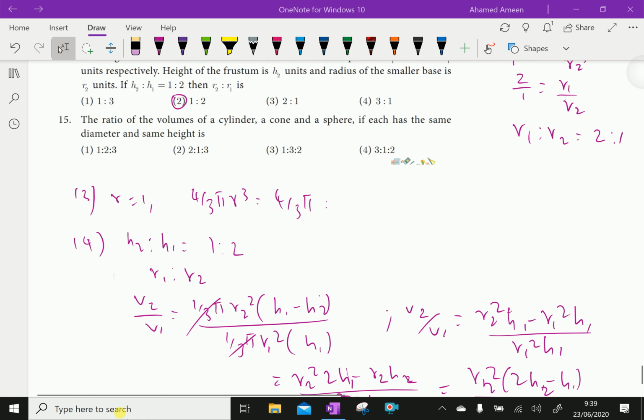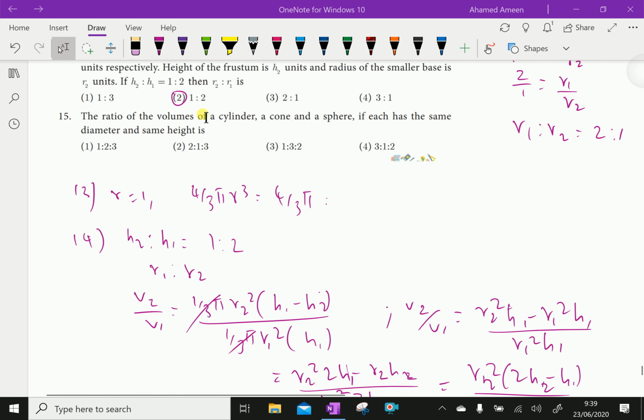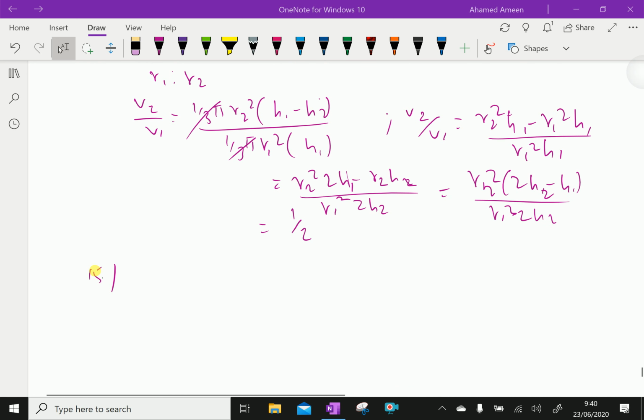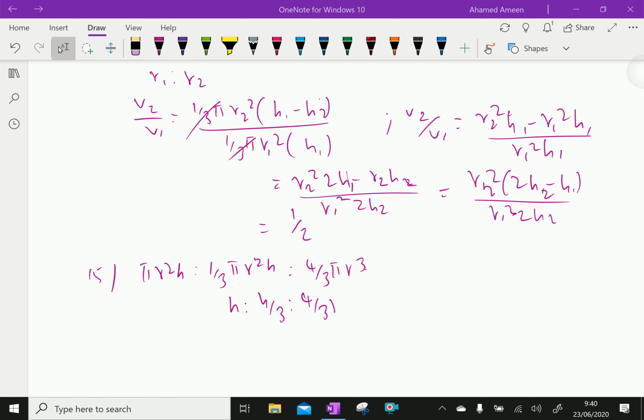Question number 15. The ratio of the volume of a cylinder, a cone and a sphere, each having the same diameter and same height, is. Cylinder is pi r squared H, cone is 1 by 3 pi r squared H, sphere is 4 by 3 pi r cube. After pi cut and r squared cut, the ratio is H, H by 3, 4 by 3 r.